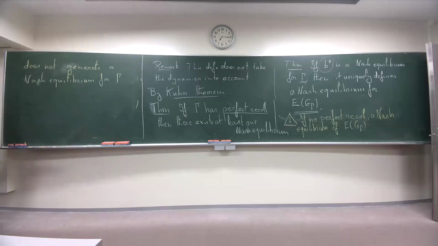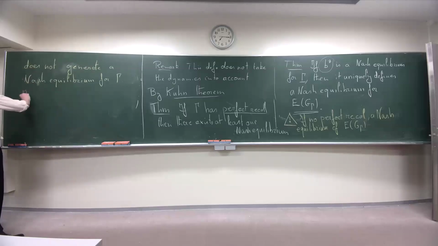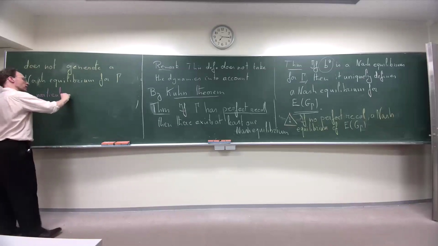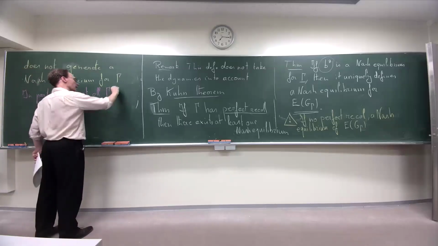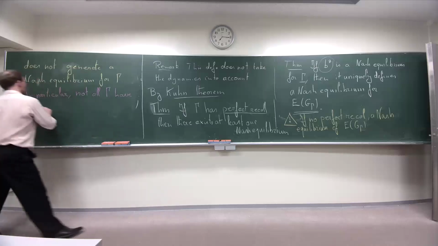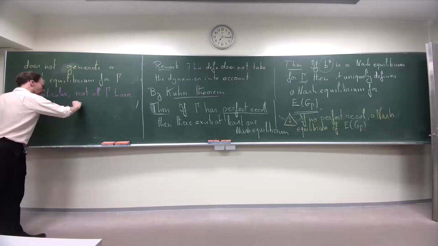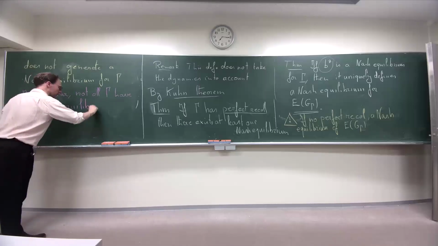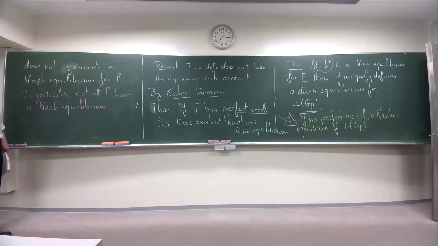That's quite natural. In particular, not all gamma have a Nash equilibrium. You can find in the literature some easy examples where you don't have one. Of course, it means that the graph has no perfect recall, so you have to check this assumption.